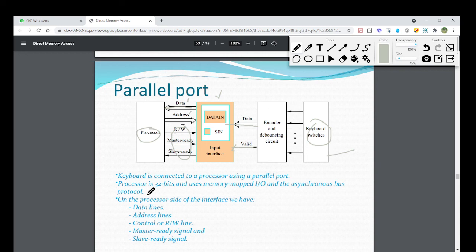Asynchronous bus means the data transmission is not at the same time as the bus clock timing. On the processor side of the interface, we have data lines, address lines, control or read/write line, master ready signal and slave ready signal.